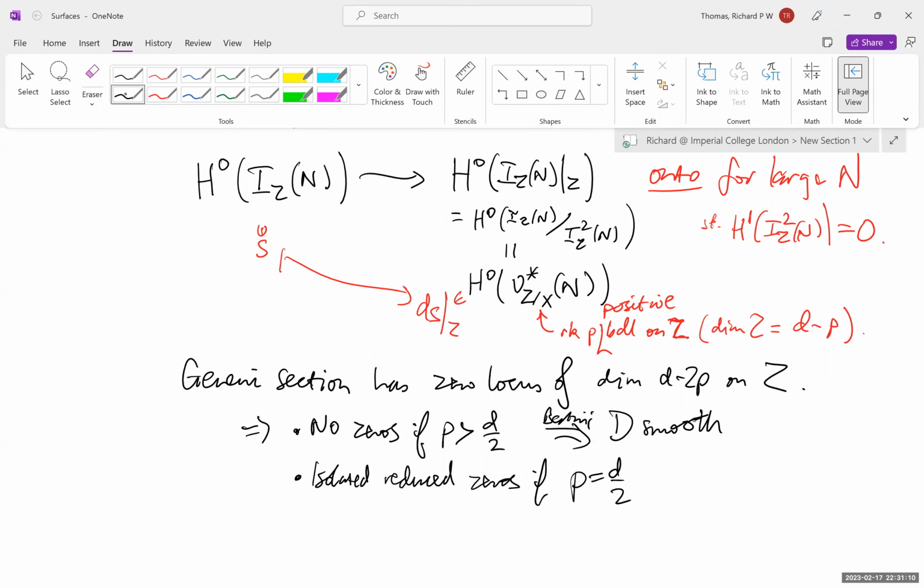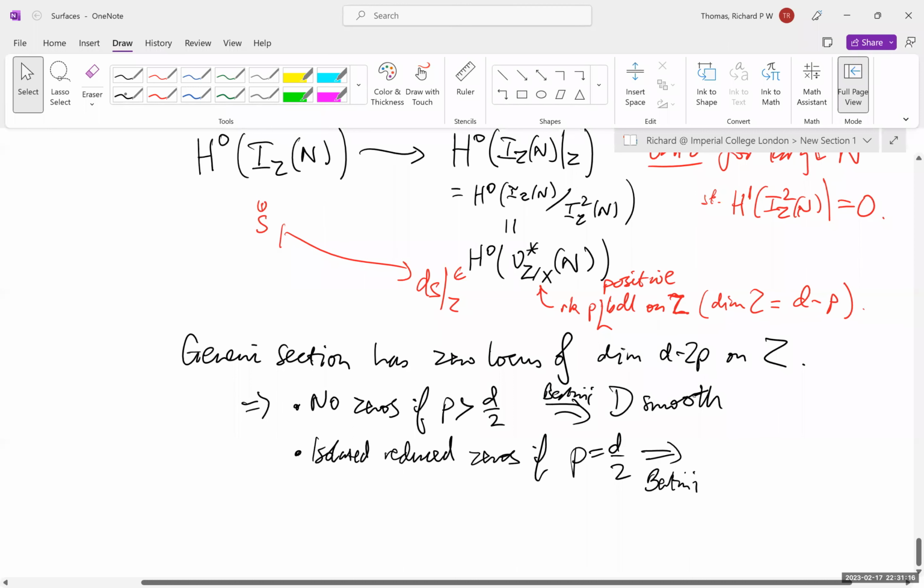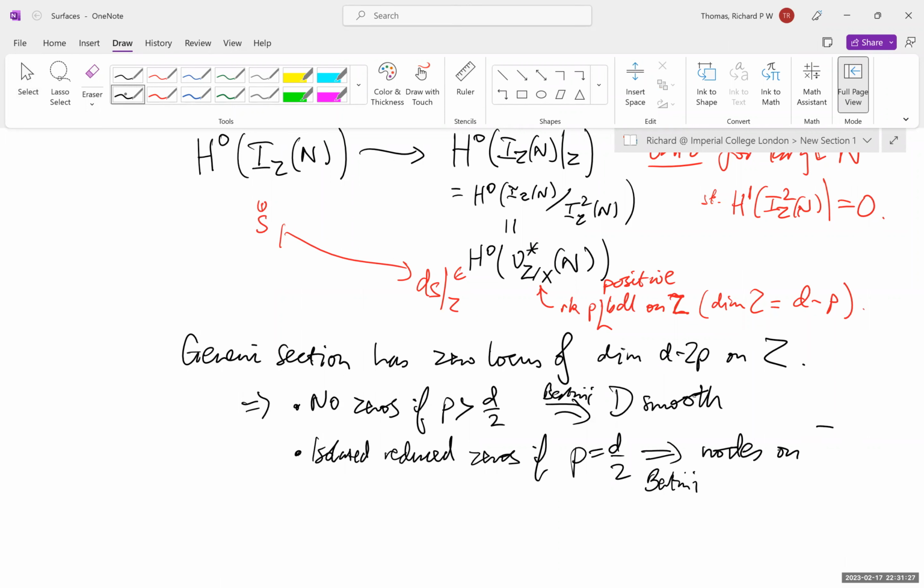Whereas in this case, Bertini's theorem tells you you're smooth away from Z, and on Z, when you get these reduced isolated zeros of the derivative, that means you have these quadratic singularities and nothing else. So you get nodes on Z. And to answer Hussein's question, the number of nodes is the number of zeros of this DS restricted to Z. So it's the top Chern class.